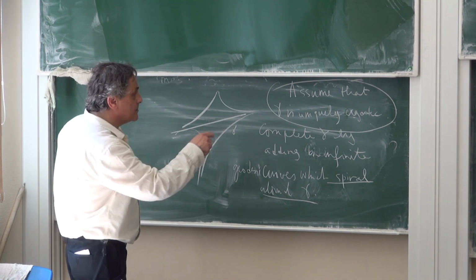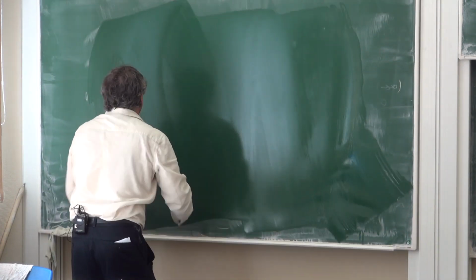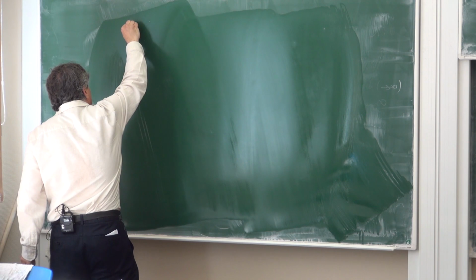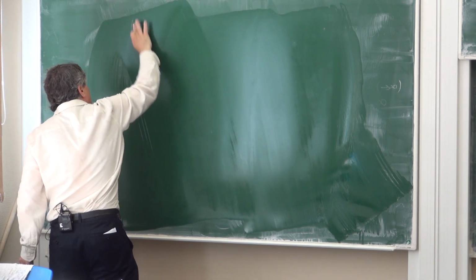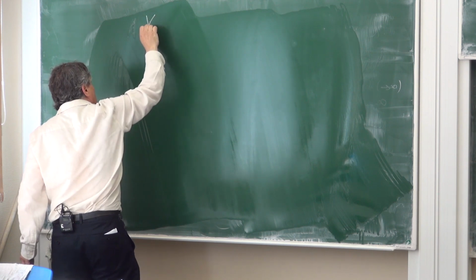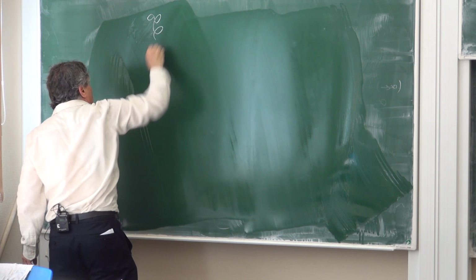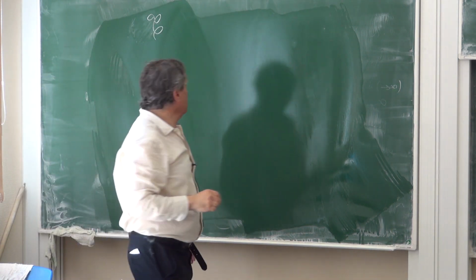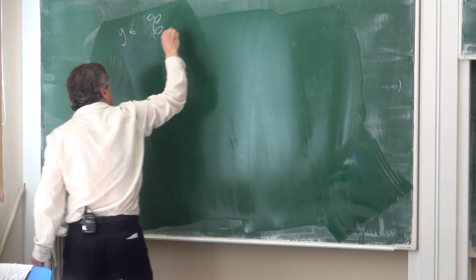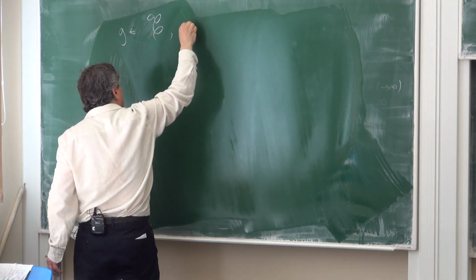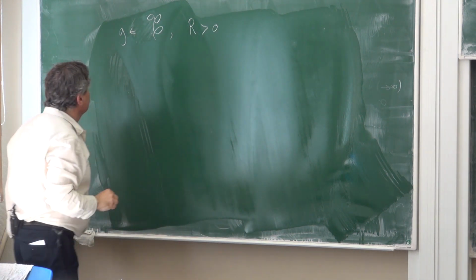So let me just note that in such a metric space, let's call it T, in fact we were talking about Teichmüller space, at a point G in T and R a positive number.